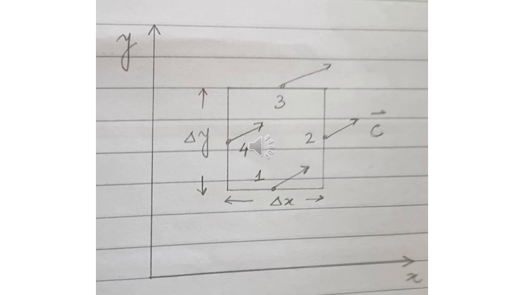Now, C is pointing in a direction, and for all the 4 lines, I have drawn the direction of C. Now, when you are moving along the x direction in 1, you are moving in the positive x direction. But if you look at 3, then the direction of C is in one direction and your movement along 3 will be in the negative x direction. So this contribution will come with a minus sign.